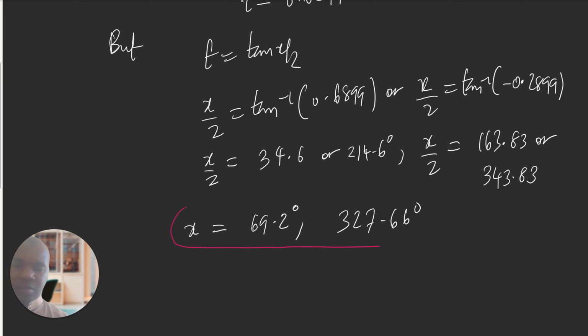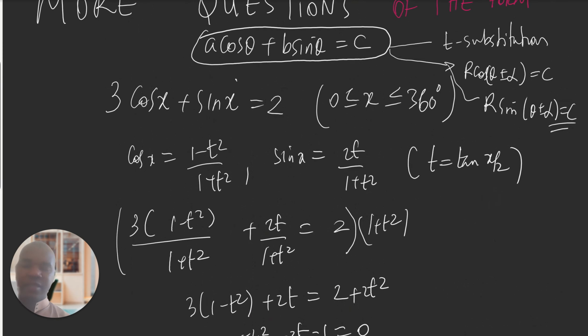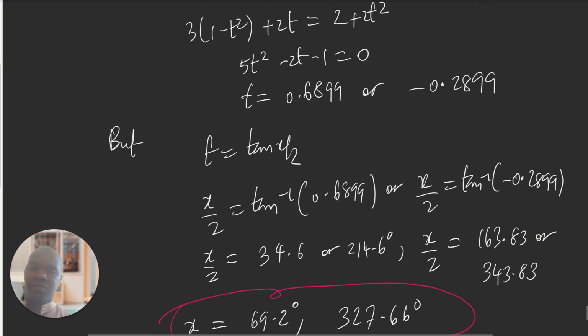So that is the solution for the question in our hand, dear students. The question was, find the value of x being given 3 cosine x plus sine x equals 2, sorry.